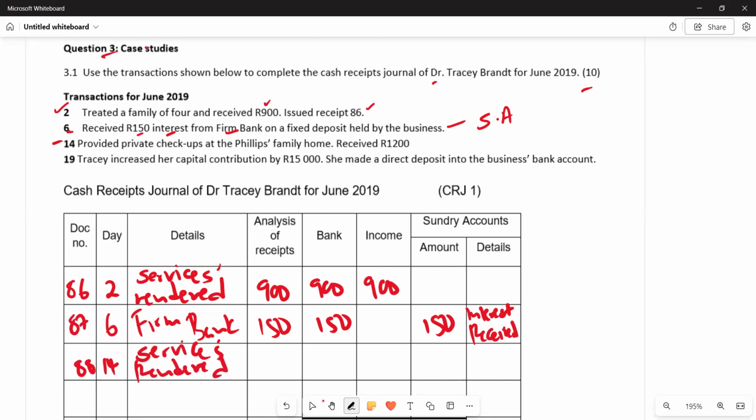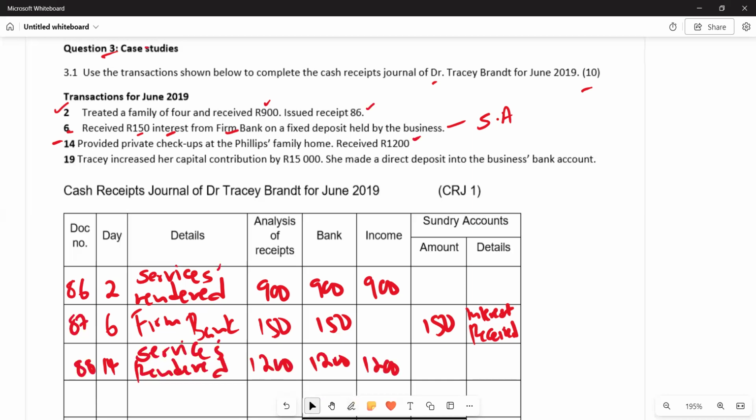The amount there is 1,200, and it's part of our bank. So it comes under income because it's part of the core activity of the doctor. We say 1,200, and we don't put it under the sundry account.